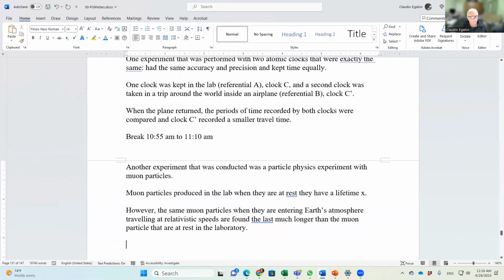Okay, that's another experimental evidence of time dilation.